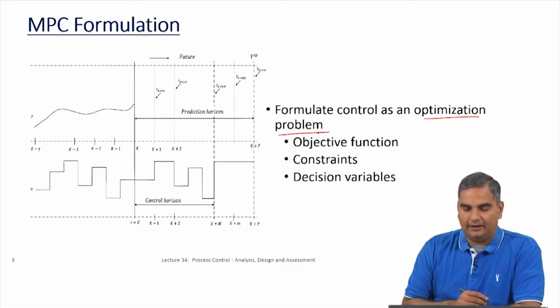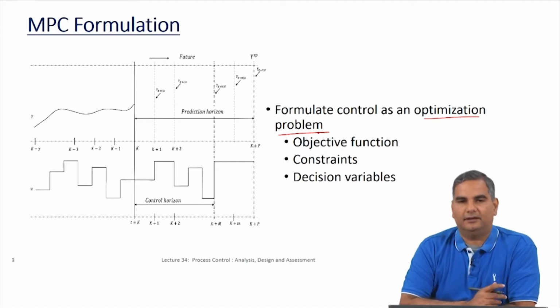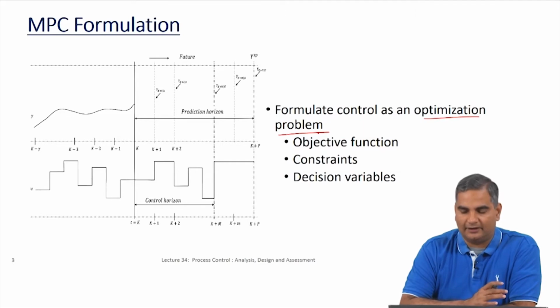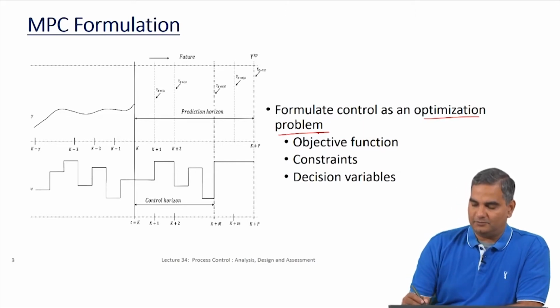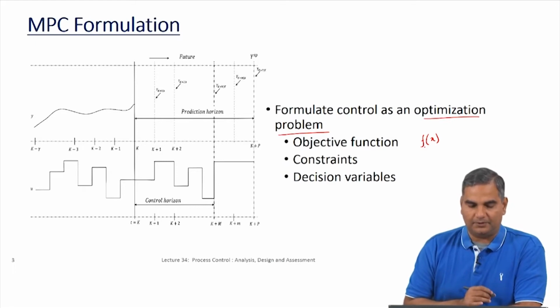And whenever we talk about an optimization problem, the optimization problem usually has three components. If you understand these three components, then you know exactly what is happening. So, there is always an objective function f(x), which is basically a scalar function in simple optimization problems.